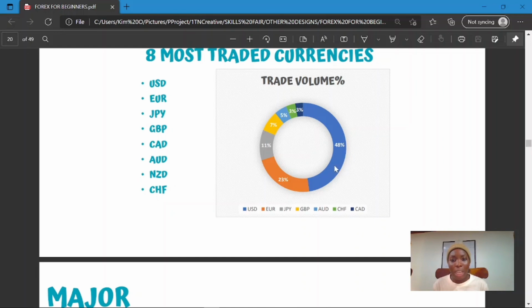The US dollar, as seen in this chart, makes up 48% of the trading volume. I think this was an error, but the US dollar is the most traded currency. The euro is second. The Great Britain pound is third.